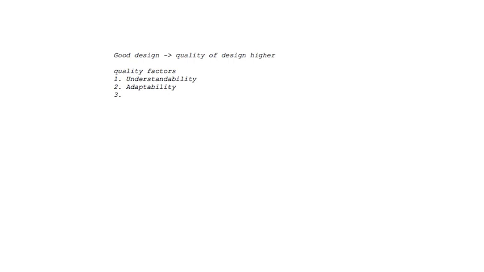Third factor, coupling. And the fourth factor is cohesion. So these are the four factors to measure the quality of the design. If the quality is higher, then we can say the design is good.